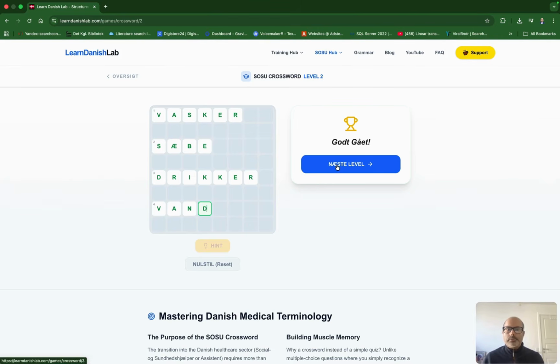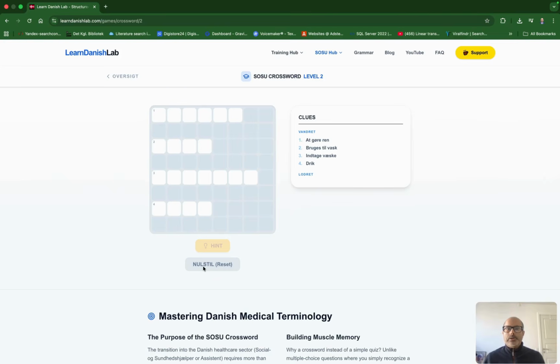That's a good point, right? In this scenario, you can even reset this game. If you want to practice yourself first, if you reset, it cleans off everything. So what we did here, this task, you can do again, right? So sæbe, right here, oh, my bad.